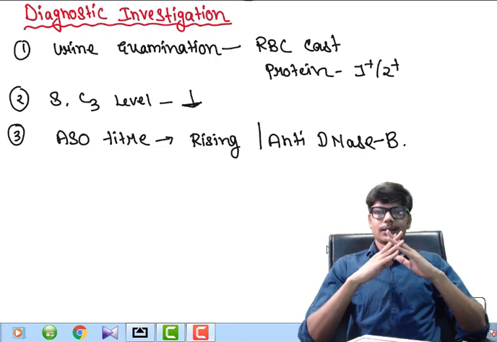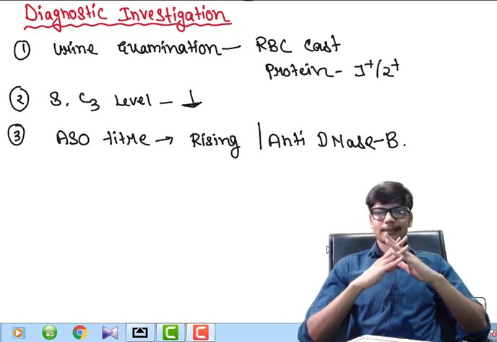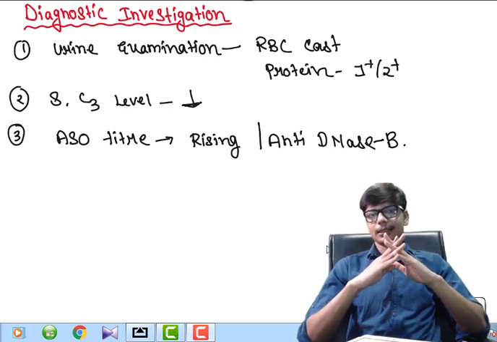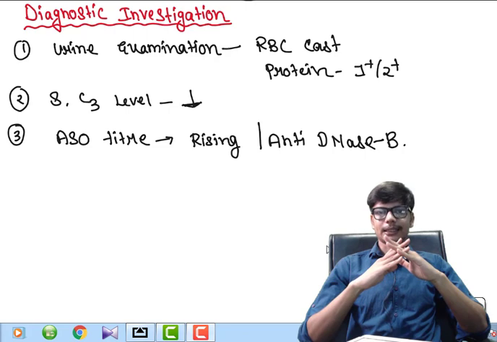Suppose a nephritic syndrome due to a cause other than APSGN presents to us with a history of joint pain and rash. In this condition, we have to suspect that the nephritic syndrome is due to a systemic disease known as SLE, systemic lupus erythematosus. There are many causes which can lead to nephritic syndrome.